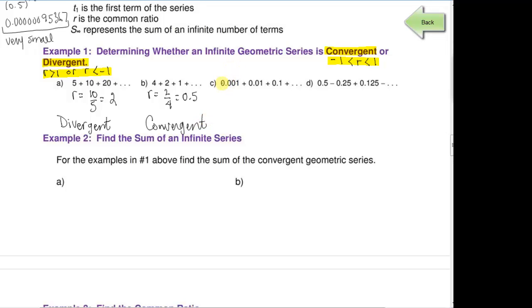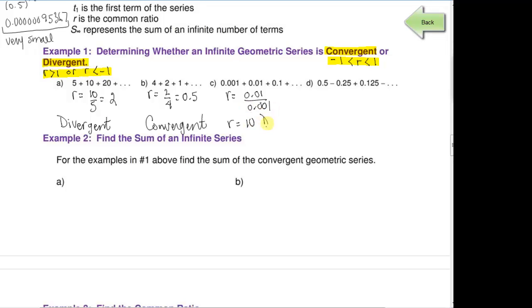And this third one, the numbers are getting larger. So we know it's divergent, but let's show for sure. So we're going to go 0.01 over 0.001. And we get that r is 10. So yes, r is greater than 1.